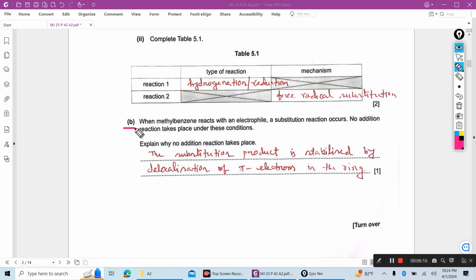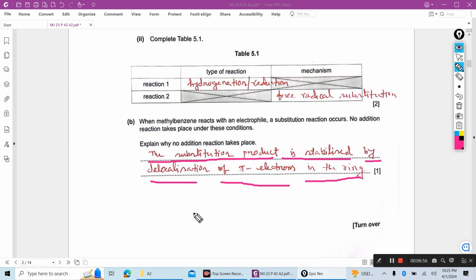Then part B: when methylbenzene reacts with an electrophile, a substitution reaction occurs. No addition reaction takes place under this condition. Explain why no addition reaction takes place; I mean, why substitution occurs rather than addition. The substitution product is stabilized by delocalization of pi electrons in the ring.